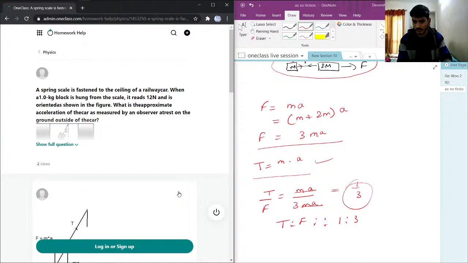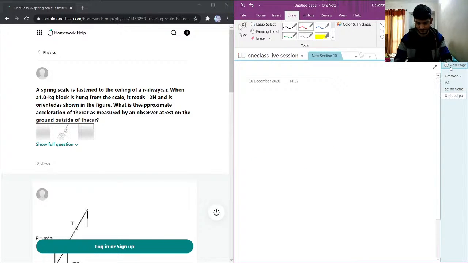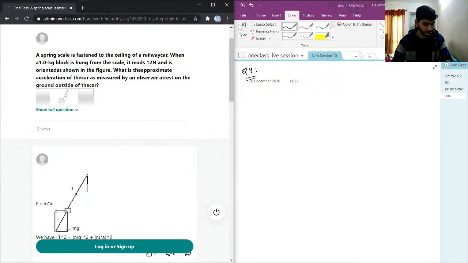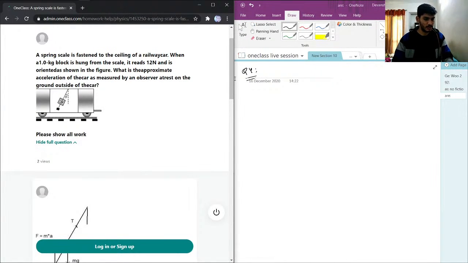This is going to be question number 4. A spring scale is fastened to the ceiling of a railway car.